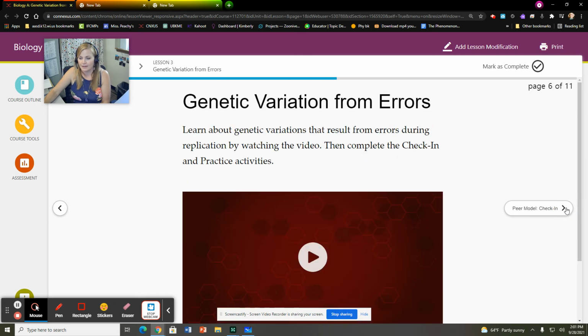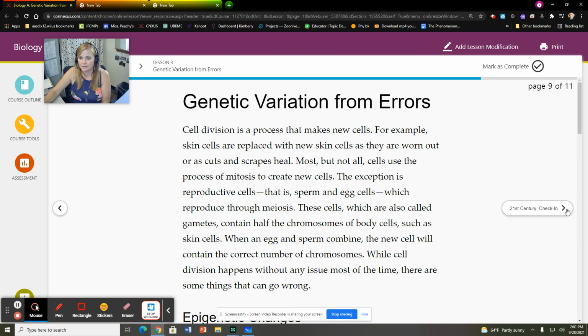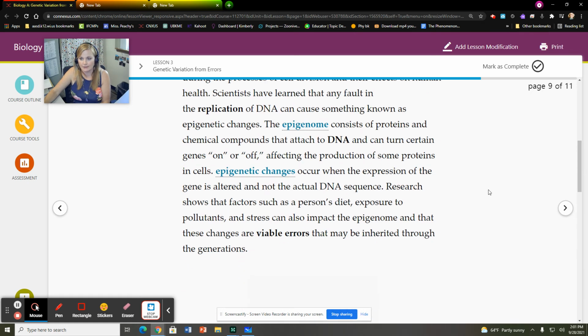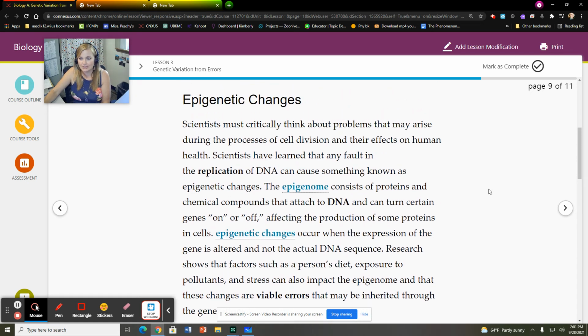Okay, and I believe there is one more section here. Talk about epigenetics or epigenetic changes, right? So basically, this is talking about how there are things that affect replication of DNA.